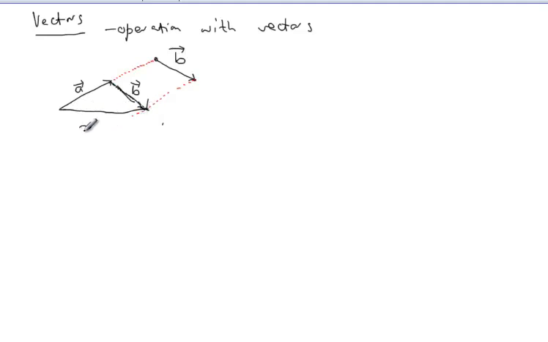And this is the vector we're going to call A plus B. That is what we can call the resulting vector. Any question at that point? Nothing. Okay, so what we're doing there, guys, is adding two vectors.